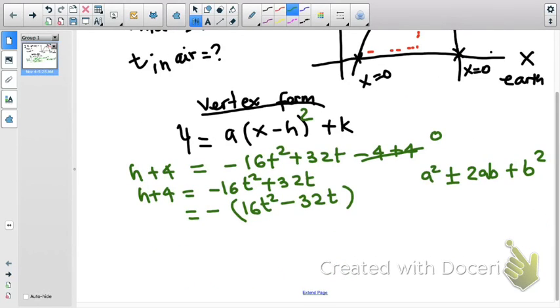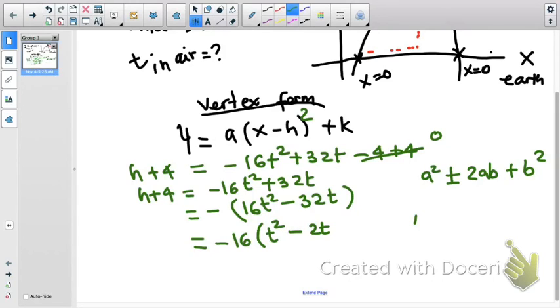Once that's done, let's try to complete the square now. Negative 16t squared. Actually, to make it easier on ourselves, we can factor out the 16 because that's common to both. And that also helps us because we need an a in front of the x minus h.